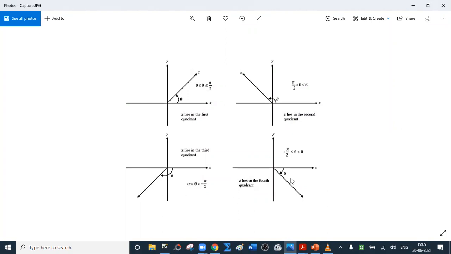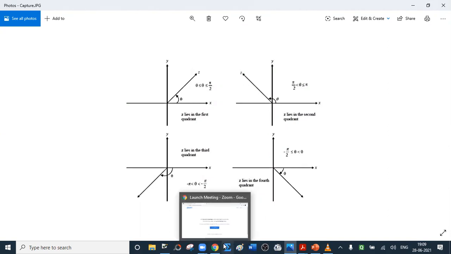And if this z lies in the fourth quadrant, that is, the point representing the complex number lies in the fourth quadrant, then what are the restrictions? Minus pi by 2 to 0. This is 0. This is minus pi by 2. So minus pi by 2 less than or equal to theta less than 0.